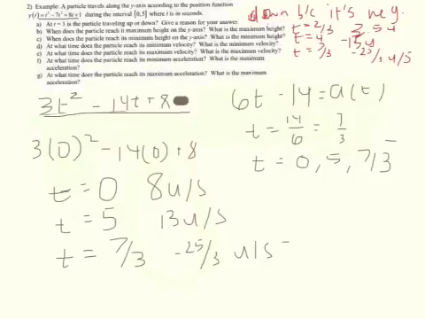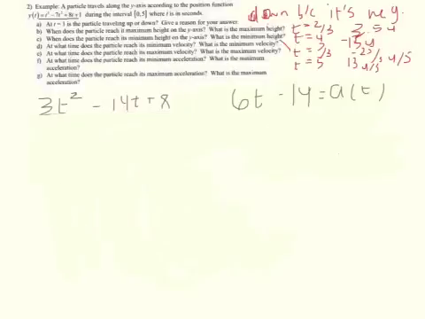So that's the minimum velocity. This one goes up here. And the maximum velocity would be the greatest number, which is 13. So t equals 5, and that's 13 units per second.